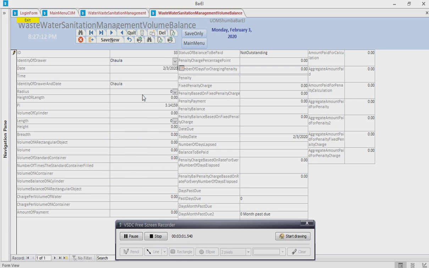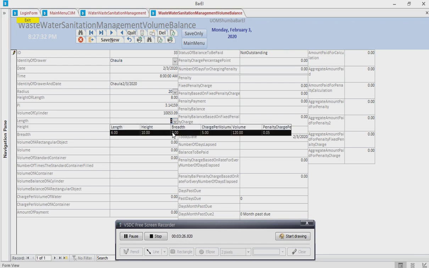This is Shaula drawer. The total volume of the tank nearby or a cylinder is 10,053.09.